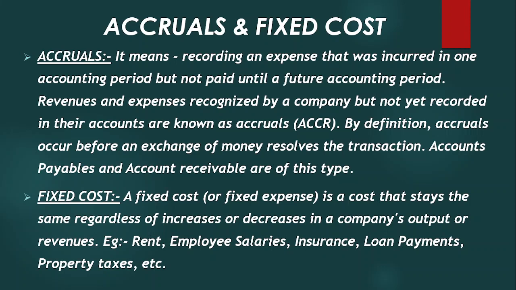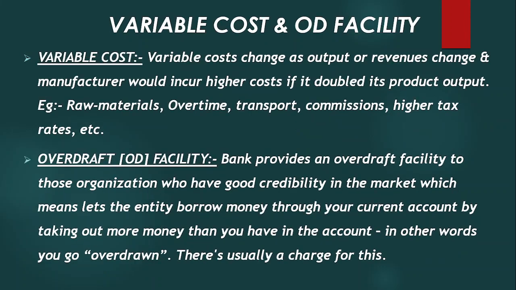A fixed cost or a fixed expense is a cost that stays the same regardless of increase or decrease in a company's output or revenues. For example, rents, employee salaries, insurance, loan payments, property taxes, etc. Variable cost and OD facility.